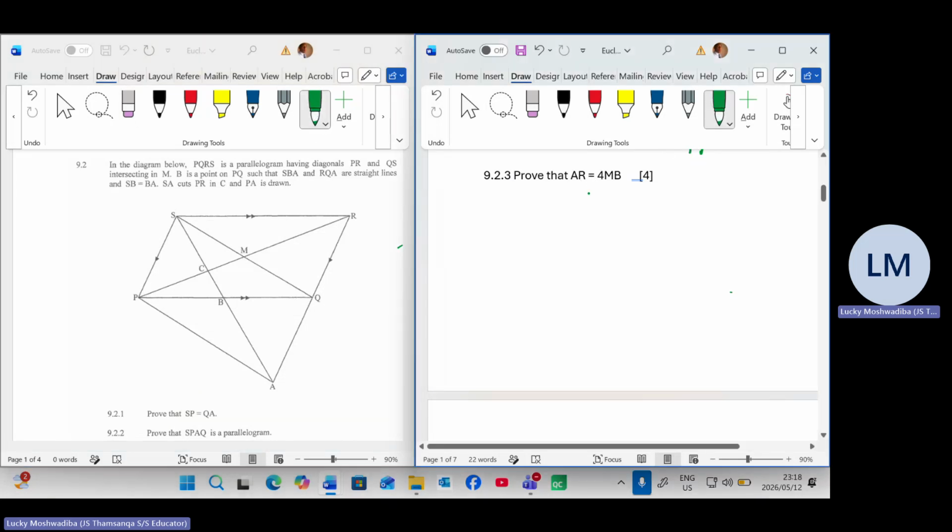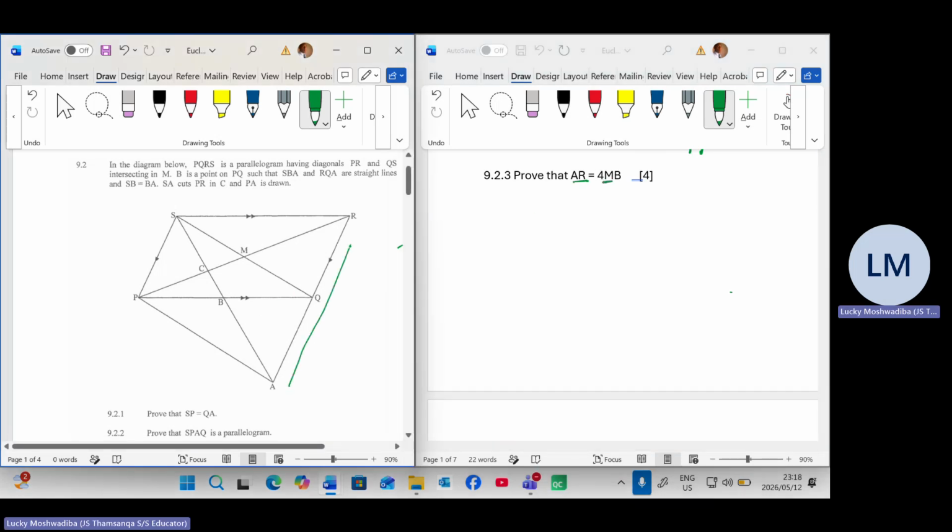Now we want to show that AR is 4 times the length of MP. Where is AR? This is AR here. And then where is MP? This is MP.